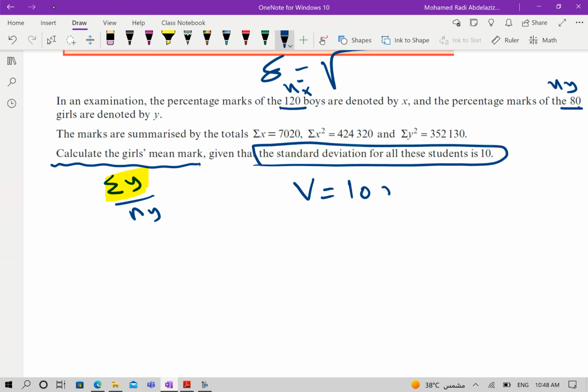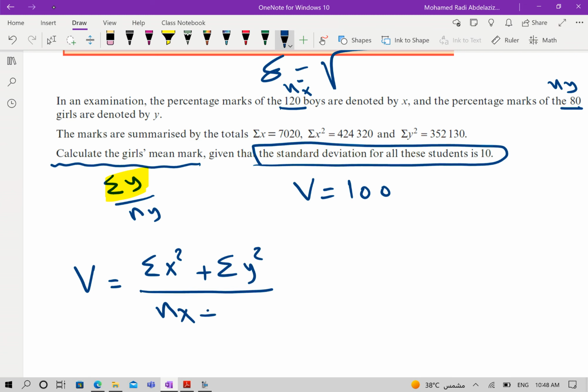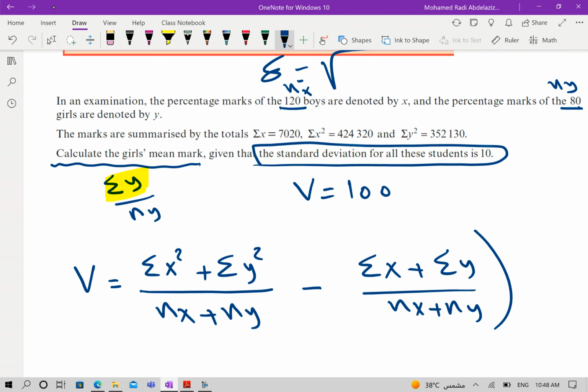100. Just write the equation of the variance of the whole group. The variance is sum of x squared plus sum of y squared divided by nx plus ny, minus sum of x plus sum of y divided by nx plus ny, the whole squared, right?